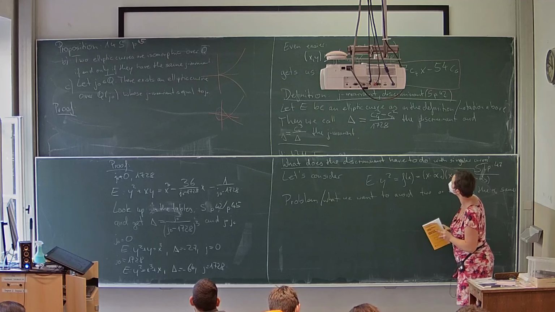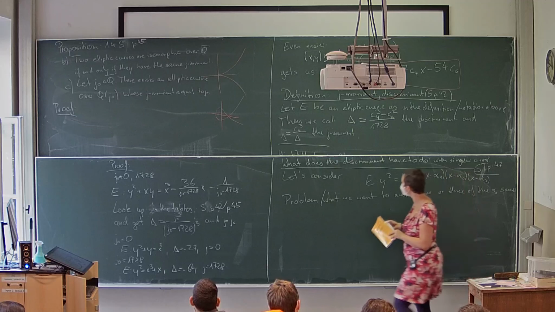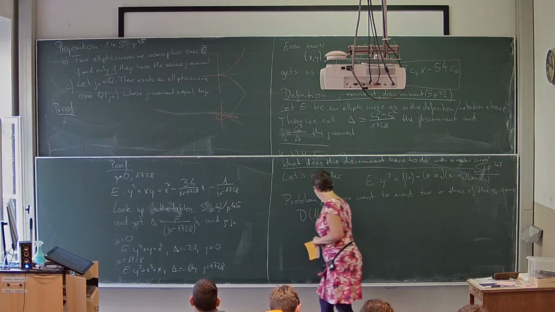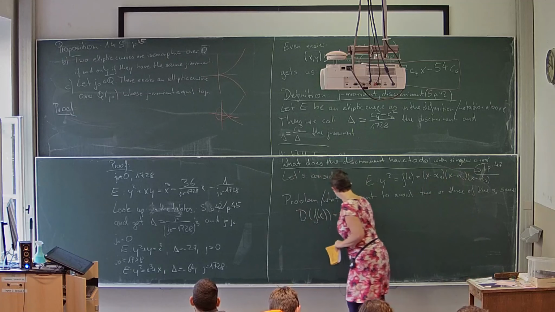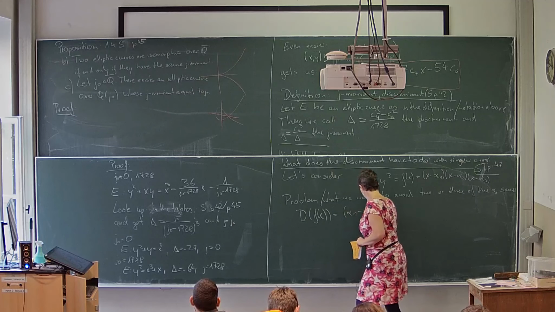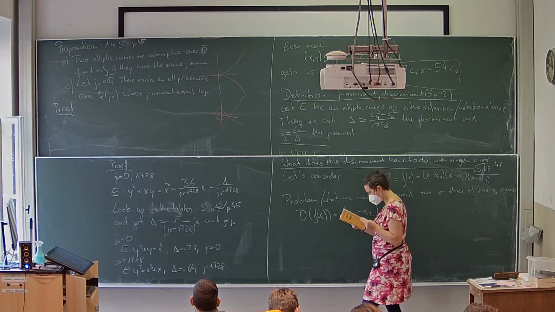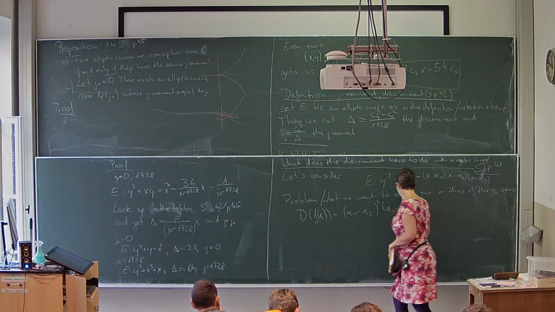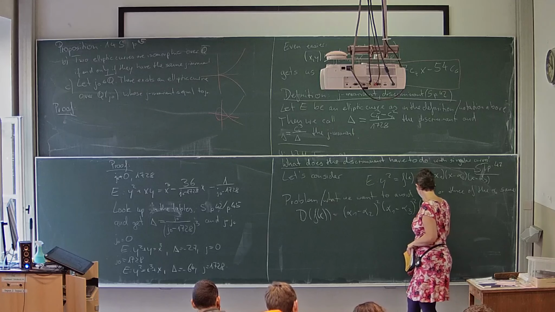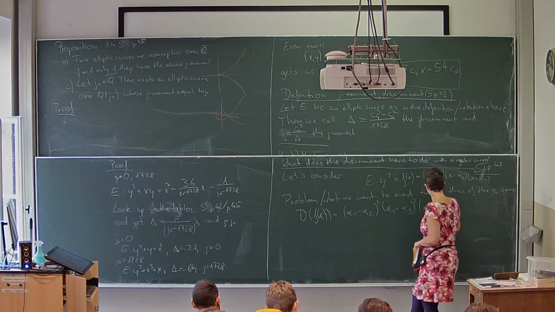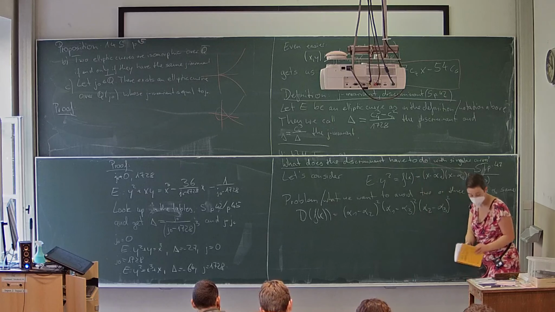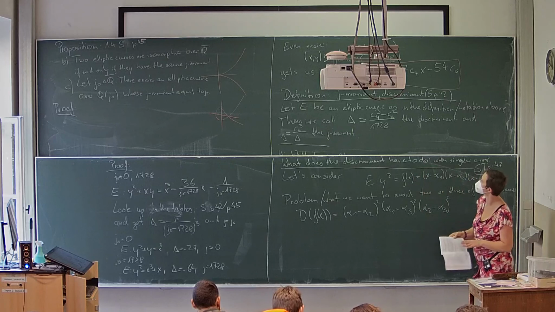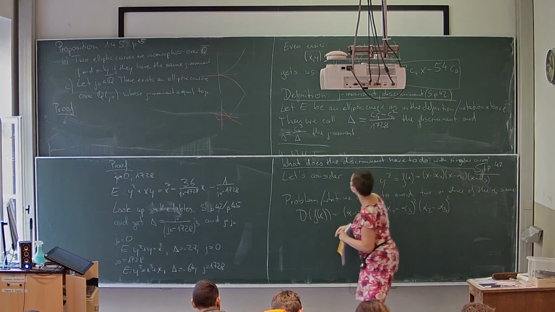And the definition of the discriminant of a polynomial squared is this, and maybe we can make it an exercise, or maybe it's not so important.